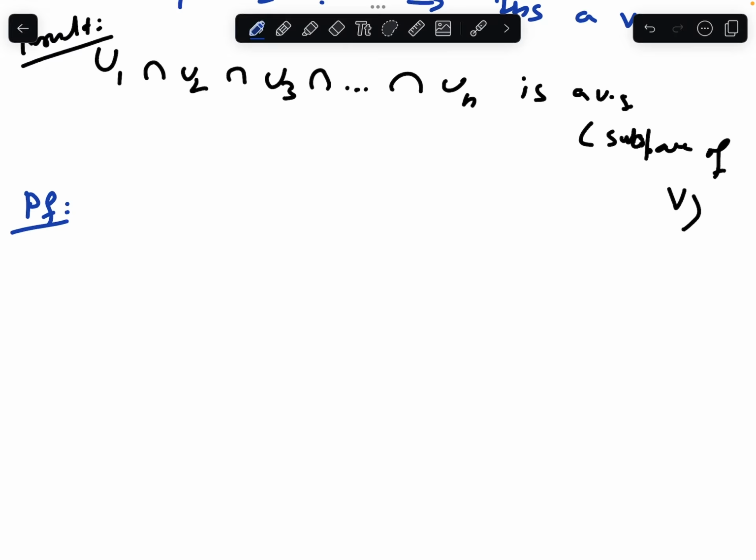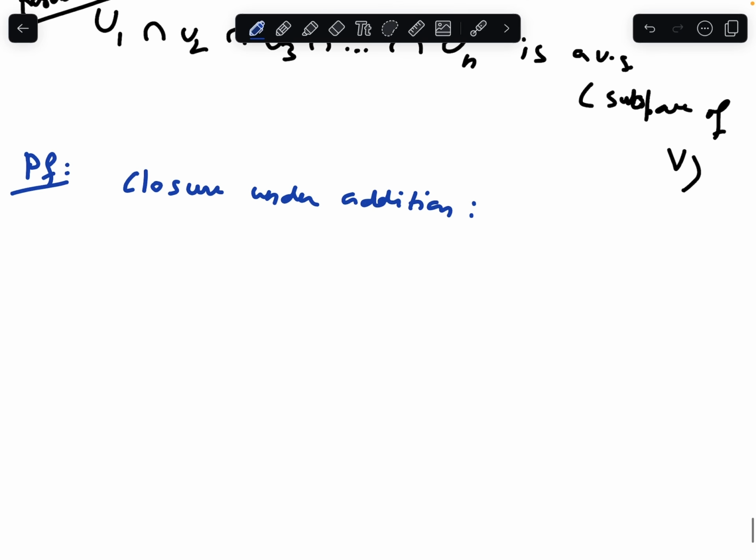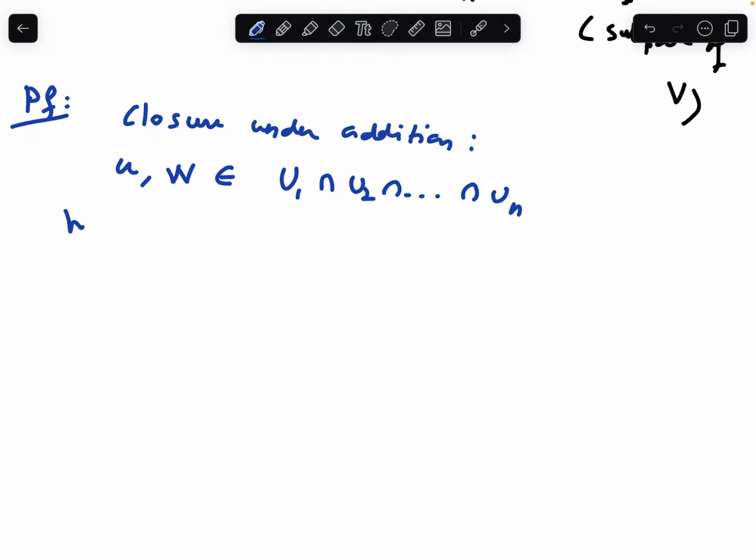So how do we prove it? First of all, we prove closure under addition. How do we prove that? Take U and W inside this set. We need to show U plus W is also inside this intersection.